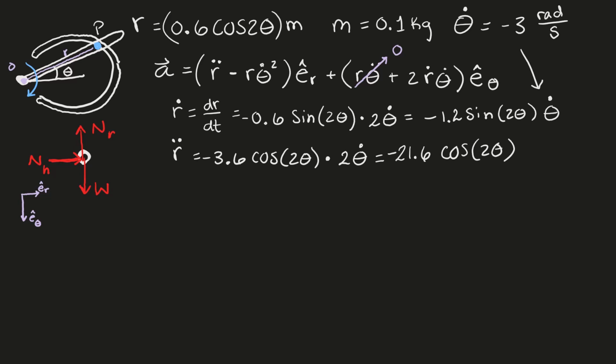And is that everything? Well, then we need theta, of course, because we only have the change in theta. So this theta is just going to be negative 3t. Okie dokie, I'm happy with that.